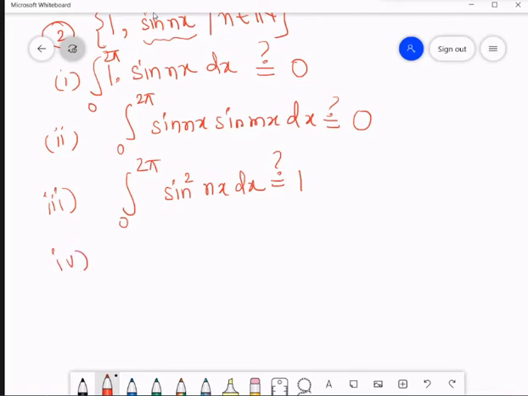And similarly, for the other function that is available, 1, is it giving me a 1 here or not? So these are the 4 integrals that I have to check the moment I have increased one member in this particular family. These two expressions we have already done, we know the answers. The only thing is we have to check the first and fourth, what happens here and here.